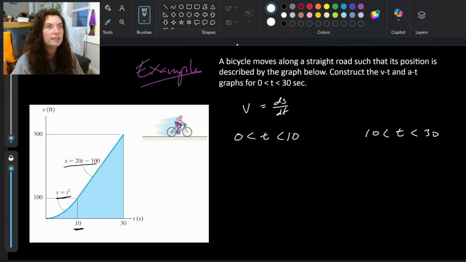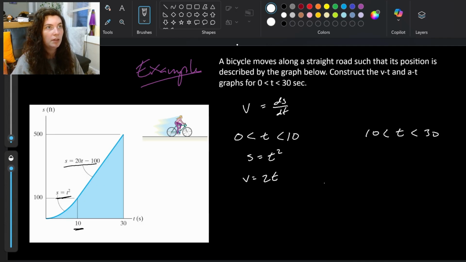And all we're going to do is take the derivative of that s function. So in our first section, our s is t squared. Our velocity, since it's the derivative of s with respect to time, is going to be 2t. That's the function that we're going to be plotting from 0 to 10 on our vt graph.